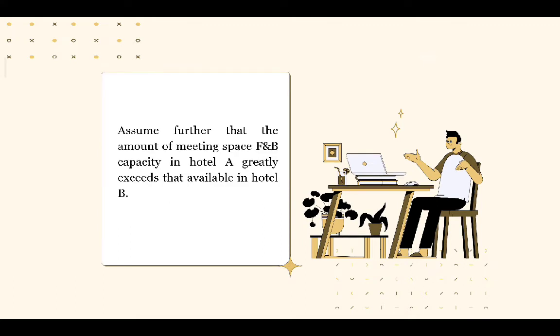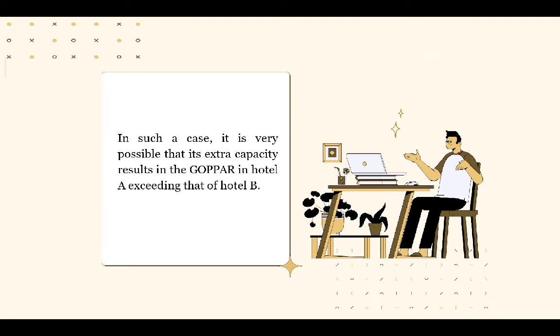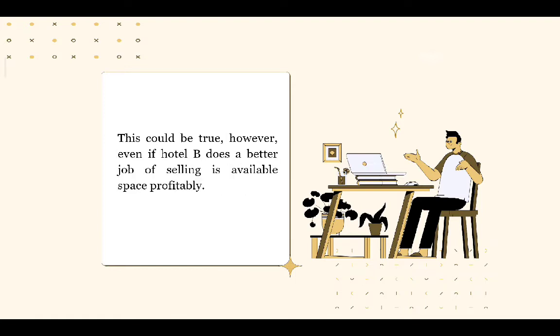Assume further that the amount of meeting space and F&B capacity in Hotel A greatly exceeds that available in Hotel B. In such a case, it is very possible that its extra capacity results in the GOPAR of Hotel A exceeding that of Hotel B. This could be true even if Hotel B does a better job of selling its available space profitably.